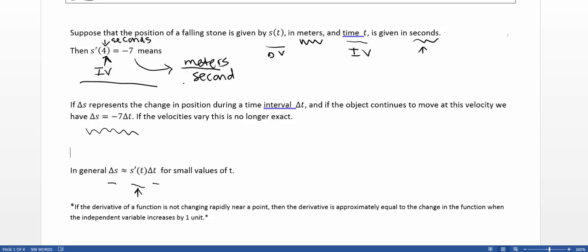So it will fall an additional 7 meters. So again, it's the idea of changing your independent variable by 1 unit. What sort of impact does that have on the dependent variable? That's how we interpret what the derivative is telling us. So let's go ahead and look at some examples and get used to attributing units and making meaning from our derivatives.